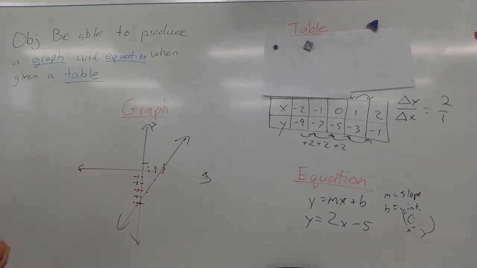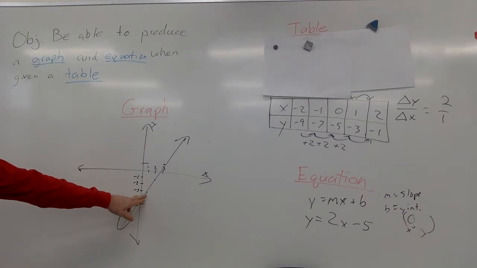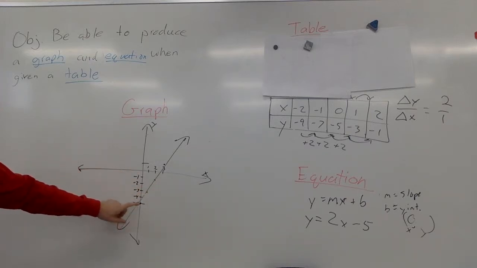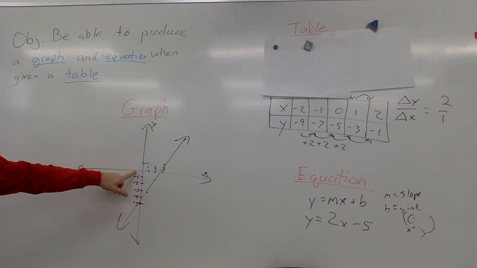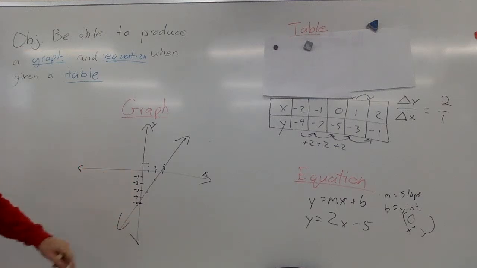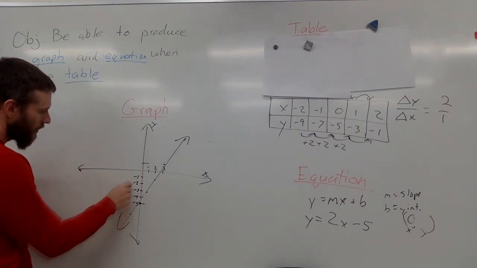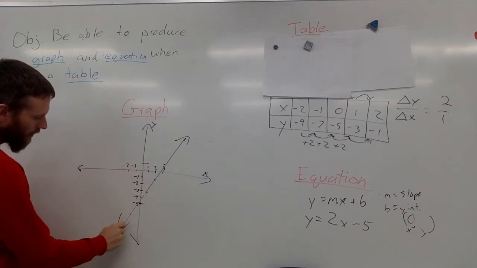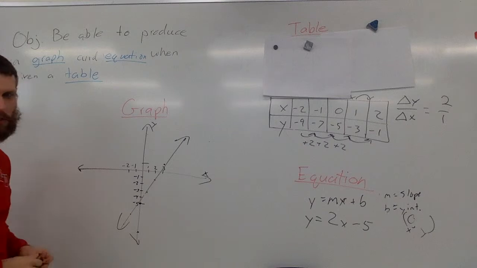Let's see if that in fact matches. This is (1, -3), (2, -1), that's correct. (0, -5). We can see how this line would go. Negative 1 would be negative 7 here. Negative 2 would be negative 9 way down here somewhere.